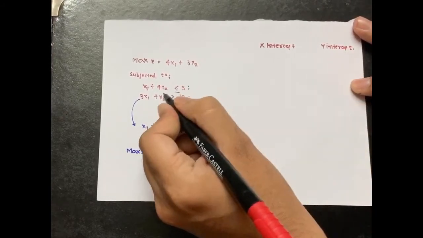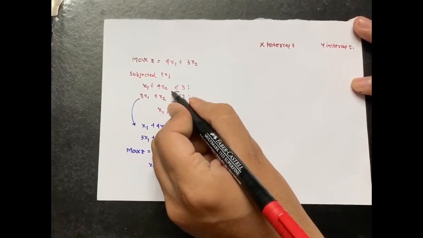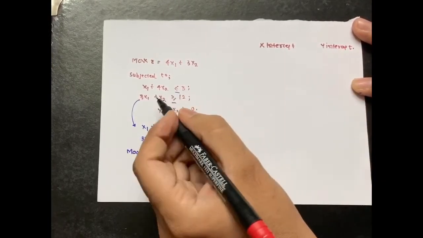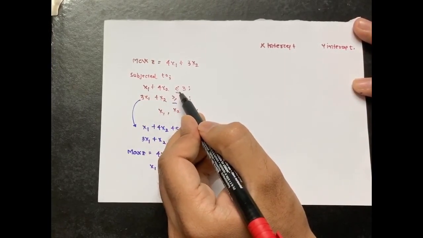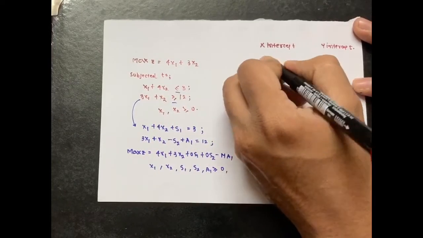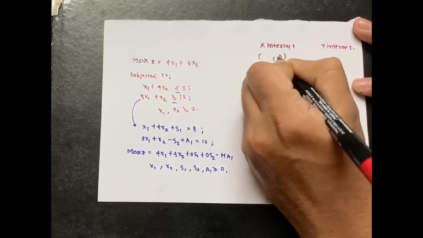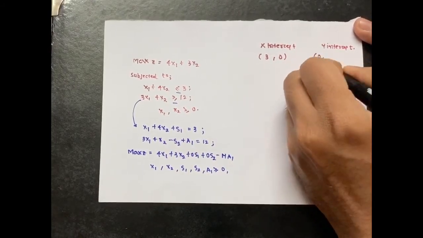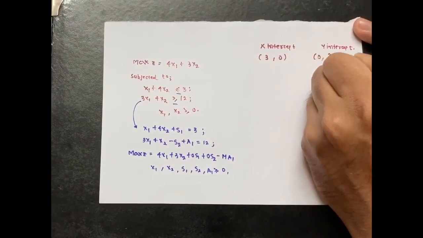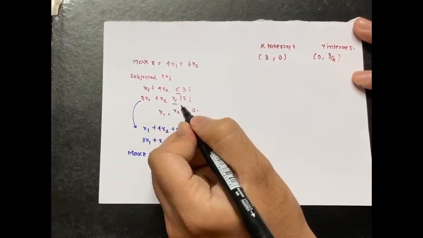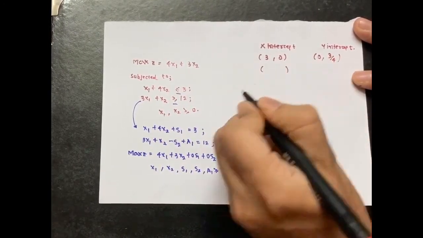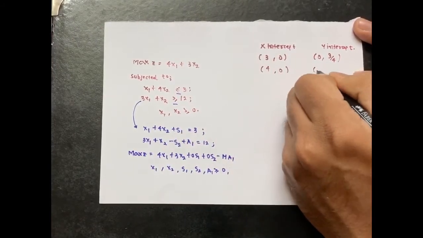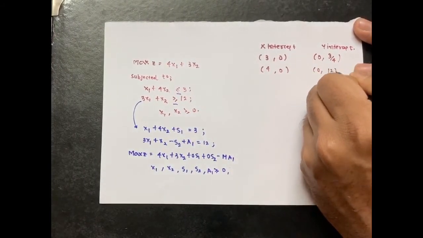For the x-intercept, if I assume the equals sign, x1 plus 4x2 equals 3. So if I take x2 as 0, in that case x1 will be 3, and if I take x1 as 0, in that case it will be 3 by 4, the y-intercept for the first line. Likewise for the second case, if I take x2 as 0, it will be 4, and if I take x1 as 0, it will be 12.